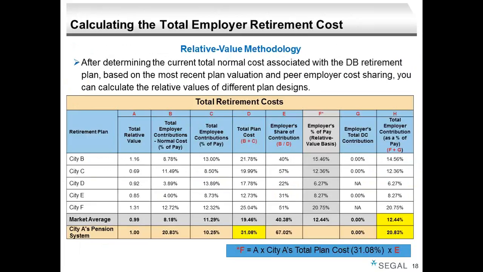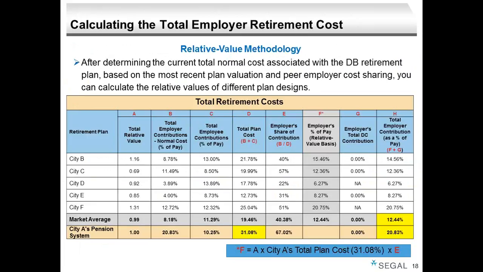So the question becomes, as it was with health benefits, what is the employer's cost for retirement on a relative value basis? And column F is the column that shows that. And in a similar way, what we're doing is we're taking into consideration the relative value of each city's plan and the cost sharing that is in column E times City A's total plan cost.